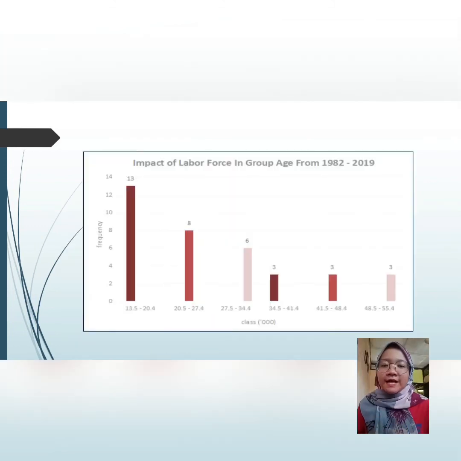For the last slide of my presentation is the graph. The graph is about the impact of level frost in group age from 1982 until 2019.